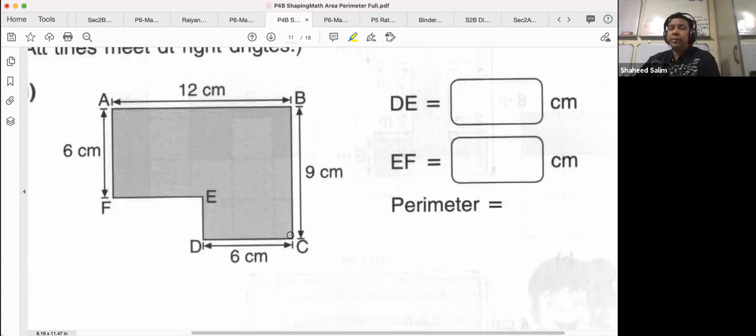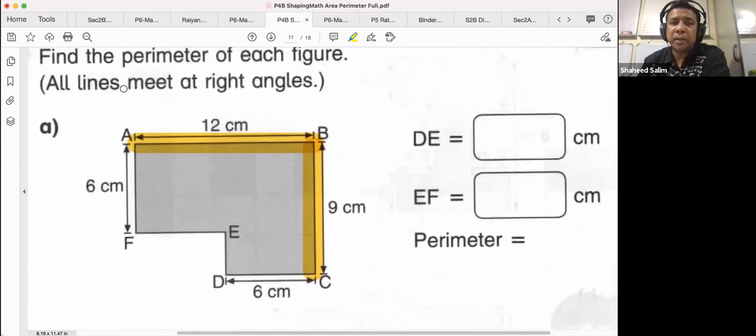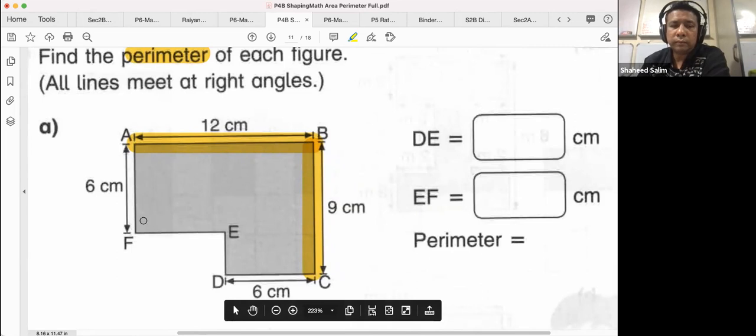Wait, okay. Neris, you see this one? You must plus a 9. Must plus to the next one. What is it? Yes, you have plus because it's perimeter. Just now was area, now it's perimeter. Perimeter means the line on the outside.